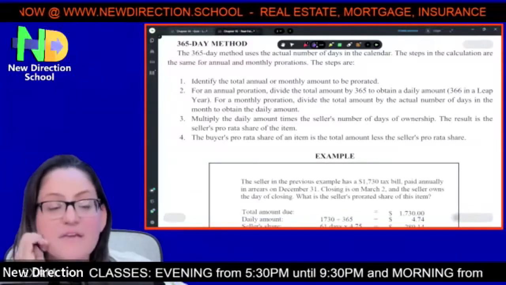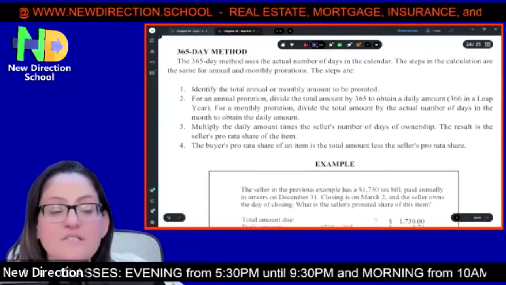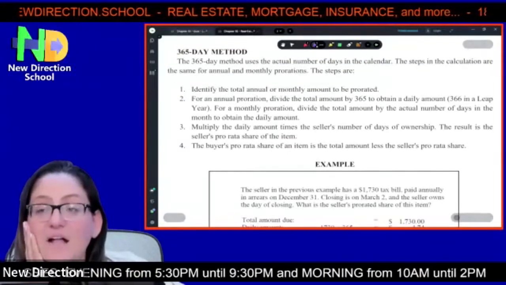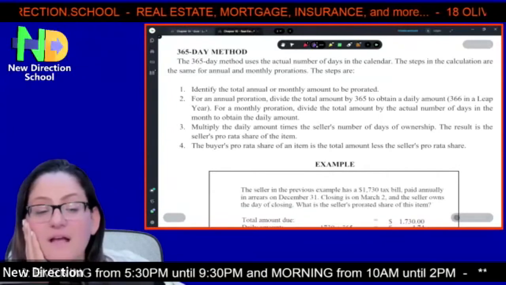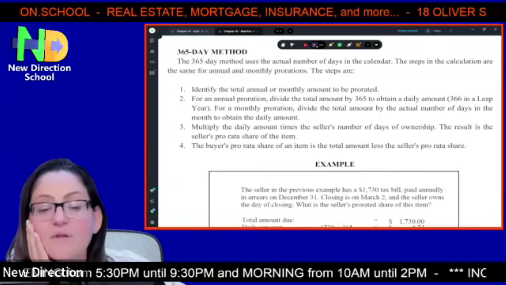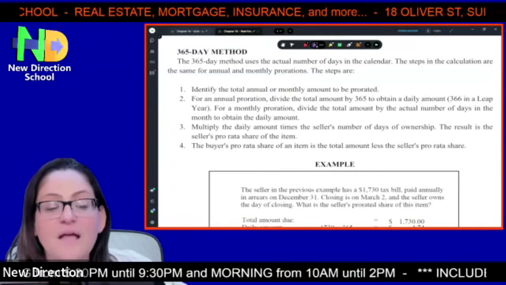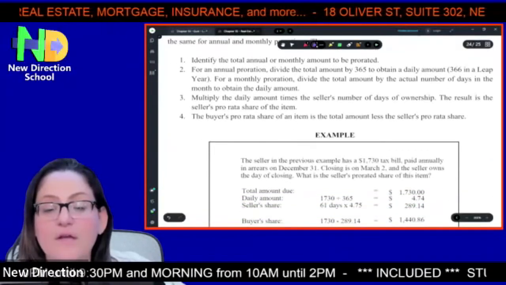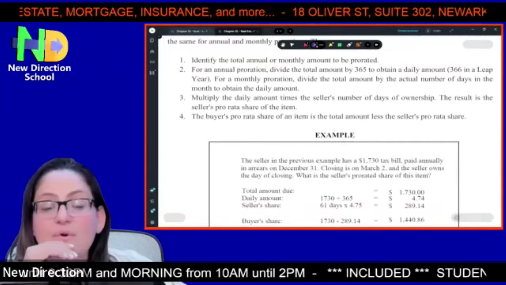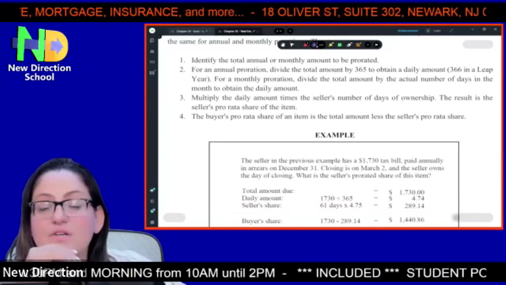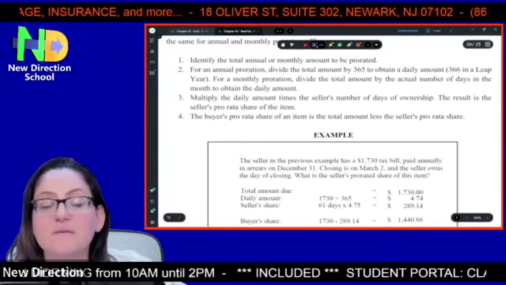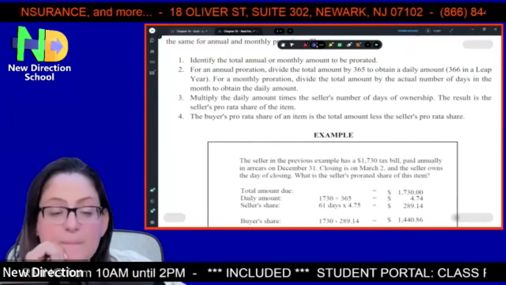So we have here, it says the 365-day method usually uses the actual number of days in a calendar. The steps in the calculations are the same for annual and monthly prorations. The steps are to identify the total annual or monthly amount to be prorated. For an annual proration, divide the total amount by 365 to obtain a daily amount, or 366 in a leap year.